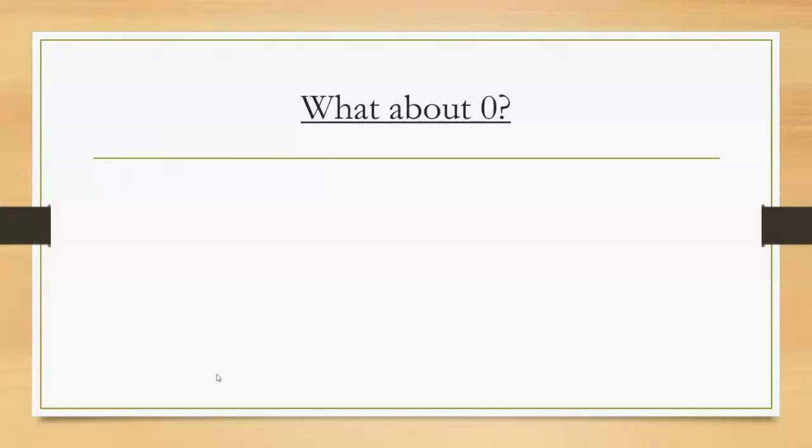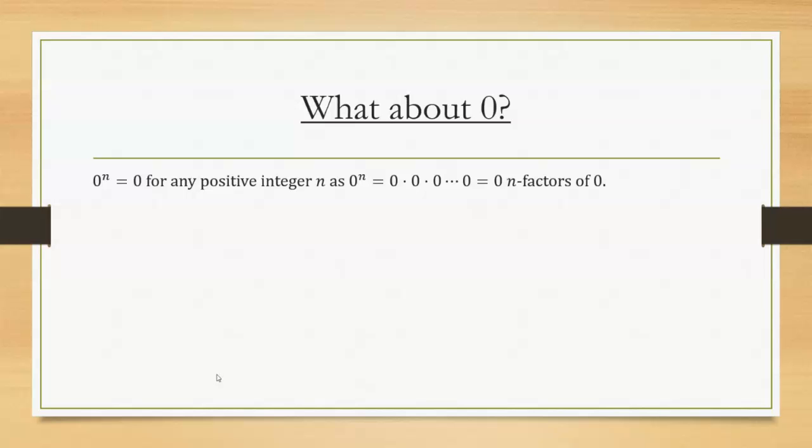But now again, like I said, what happens if your base is 0? Well, if your base is 0 and the exponent is positive, that is, if it's a positive integer, in that case, you just have 0 times itself n times, which, of course, is going to be 0, mostly because 0 times anything is 0. But again, you have to be careful because what if you have 0 to the negative power?